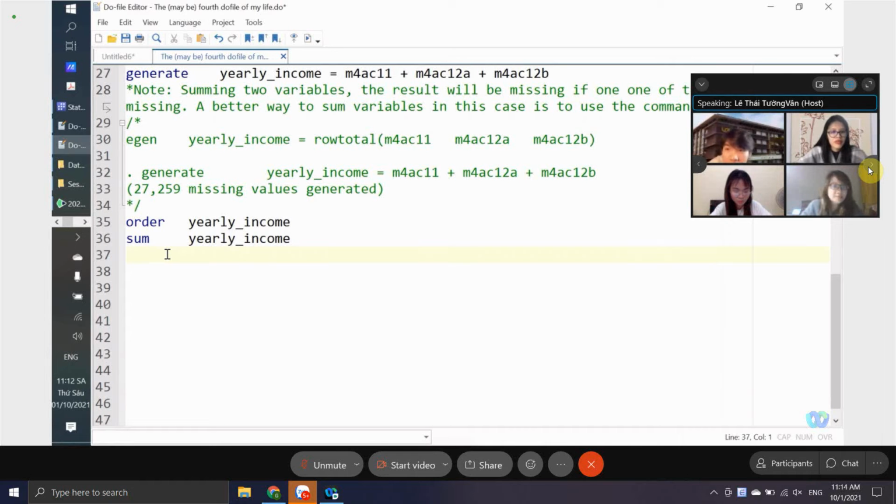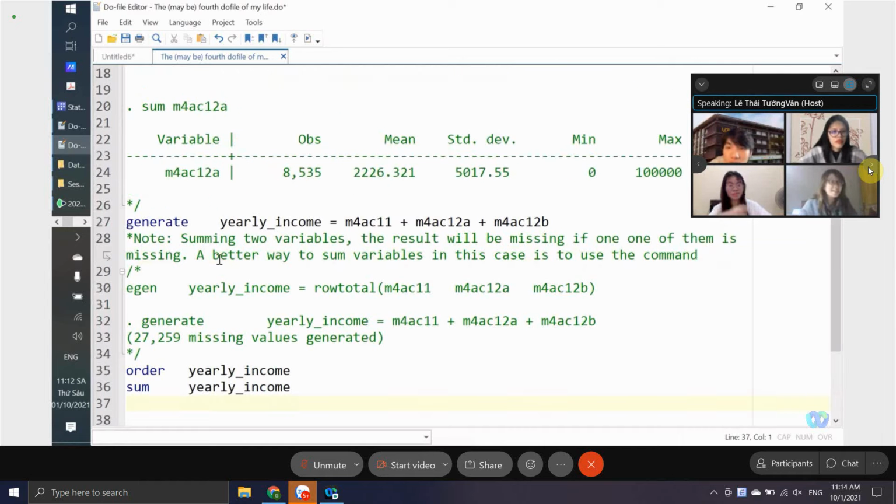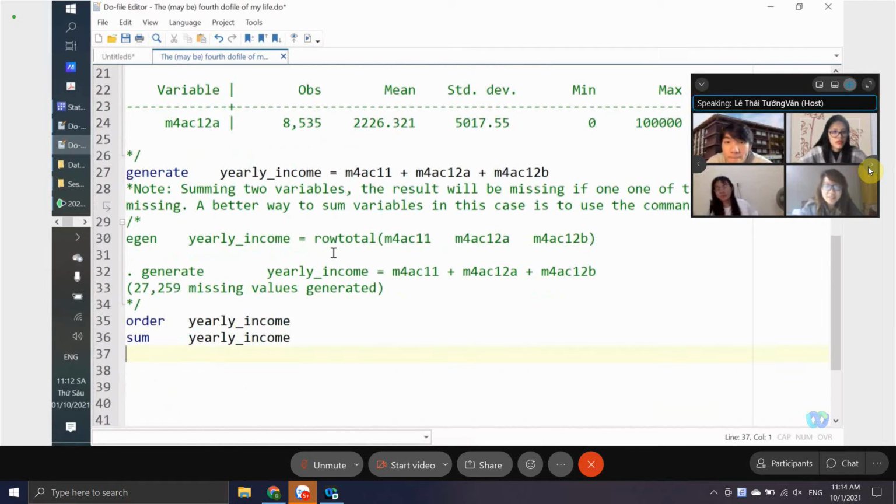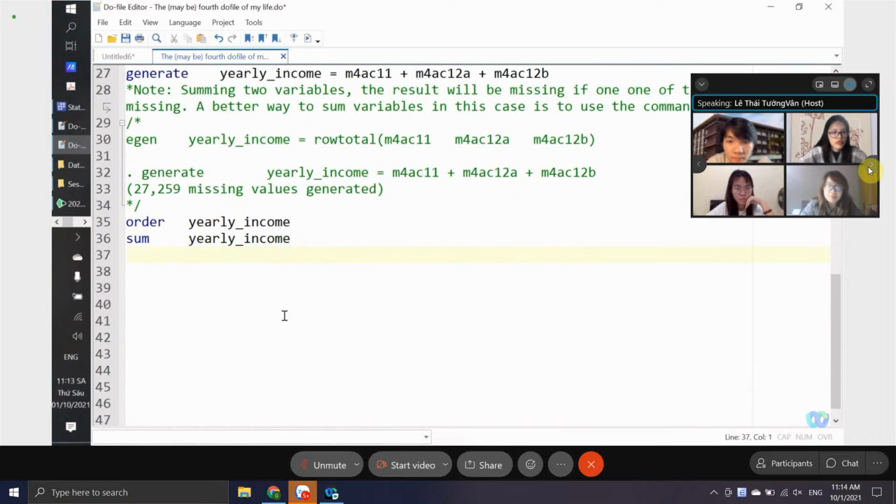But the idea is, you have firstly the yearly income, and as I mentioned before, ladies and gentlemen, we do not want to run a regression with income at the level of income as the independent variable.